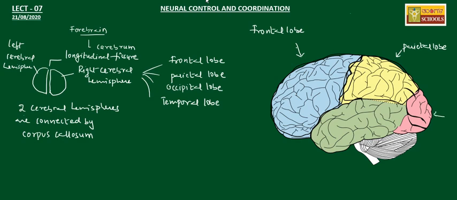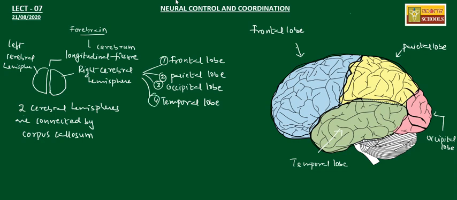This portion is the occipital lobe, and what we see here is the temporal lobe. So these are the regions of the cerebral hemispheres corresponding to the cranium. In total we have four: the frontal, then parietal, then occipital, and then the temporal lobe.